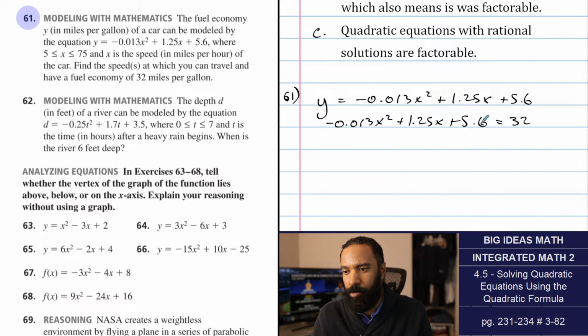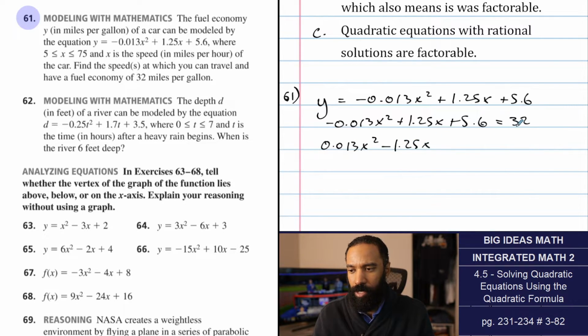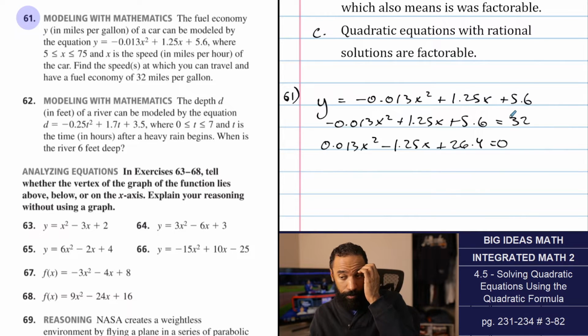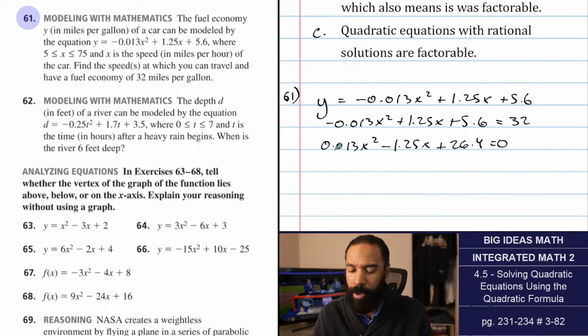Let's subtract the 32 over and change all the signs. I can do that at once. So minus 1.25x, subtract that, so I'm going to get a positive now, plus 26.4 equals 0. Sorry about that, just working things out my way.